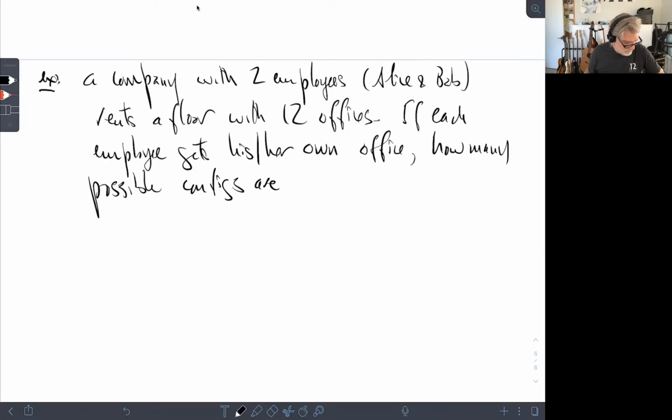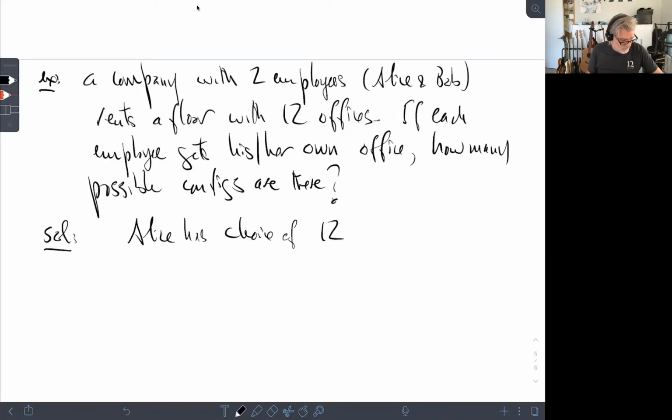So in other words, how many ways are there for Alice and Bob to choose their offices, right? Different office combinations. This is easily seen by the previous principle as follows. Alice has a choice of 12 offices.